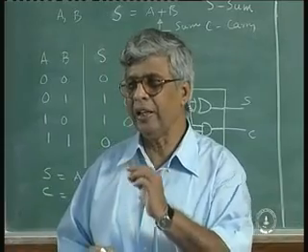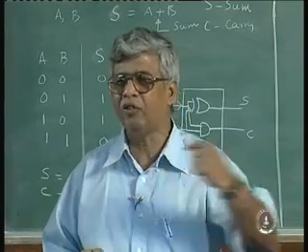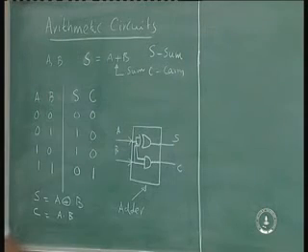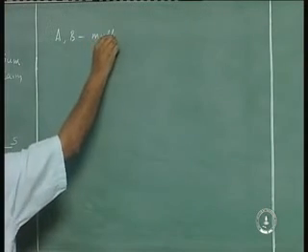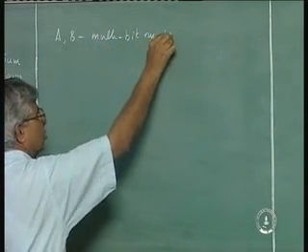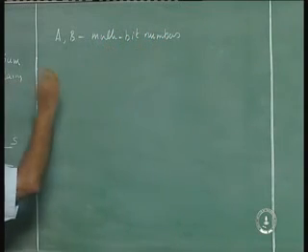So that means when I add this A and B, let us say I have multi-bit A and B. To start with, I will call them 4 bits.